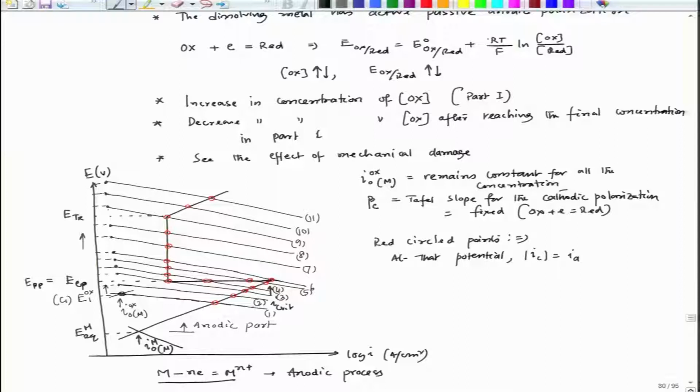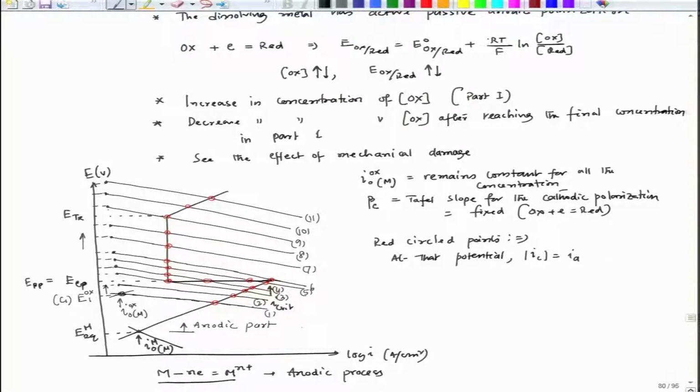But as we have said, our initial condition was that the metal was freshly prepared and it does not have any oxide layer to start with. So, it will only see the circled points when the concentration of oxidant is increasing, and those points should be considered, which are basically the connection with the active part of the anodic polarization portion.